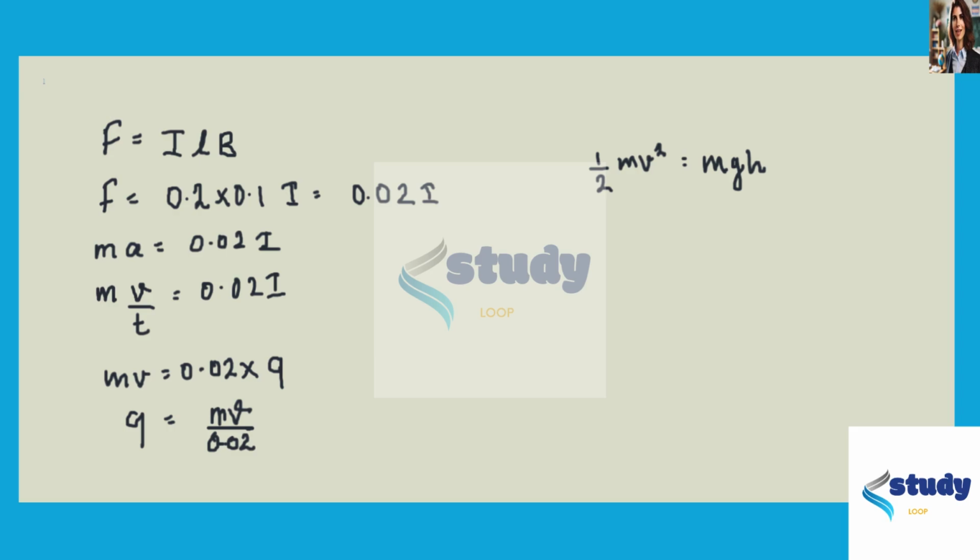As we give the pulse, this wire gets kinetic energy equal to half mv squared, and as it reaches the top, this kinetic energy reduces to 0 and it has potential energy mgh. So from here you can find the initial velocity that we have given to the wire. So v is equal to root under 2gh.